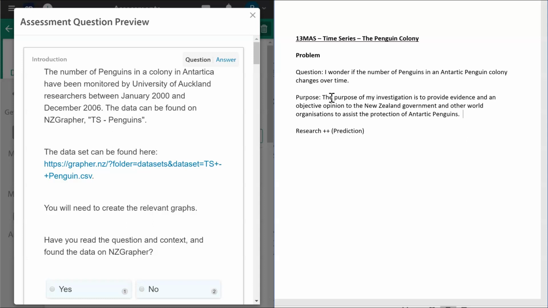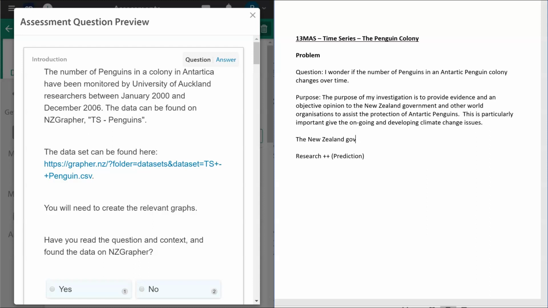So why would these organizations find it useful? This is particularly important given the ongoing and developing climate change issues.